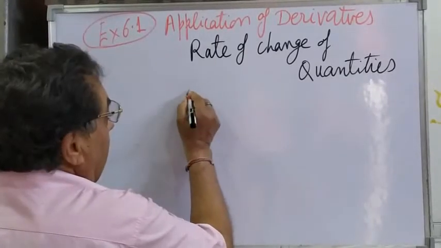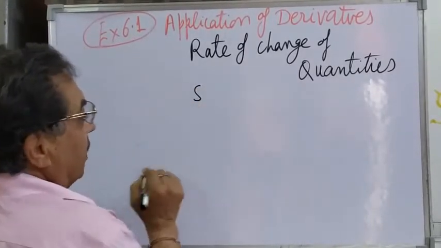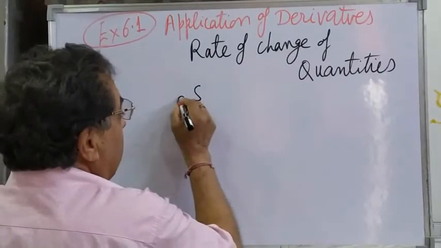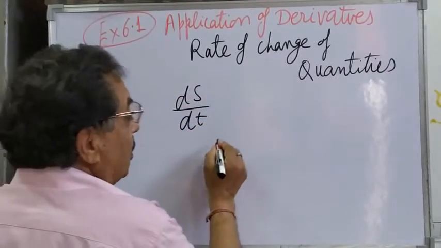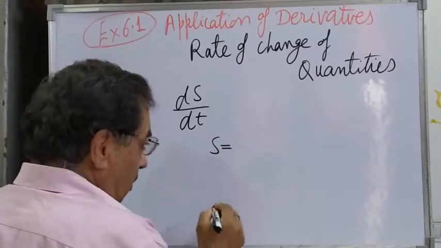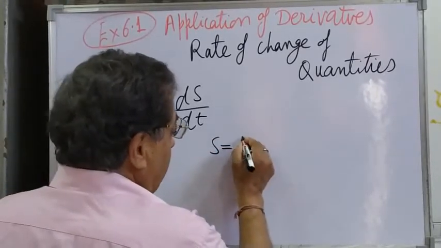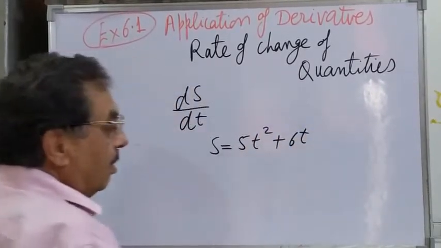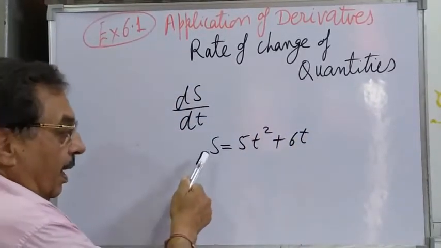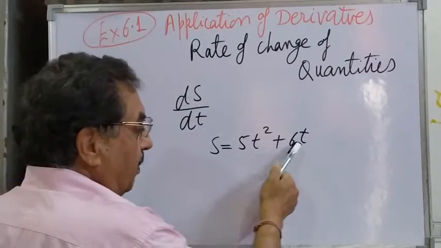The basic formula for the application of derivative is, suppose s is the distance traveled by a ball, it changes with time, so we will find ds by dt. Suppose a ball is being thrown, and s is equal to 5t square plus 6t.